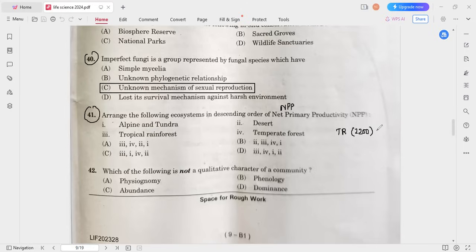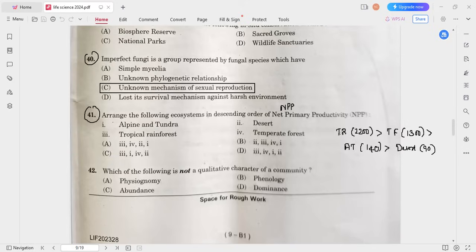After this tropical rainforest, that is temperate forest, which has 1300, which is less than tropical rainforest. After this temperate forest, that is alpine and tundra, which contains 140 NPP. After this, the last one is desert, which has 90 NPP.